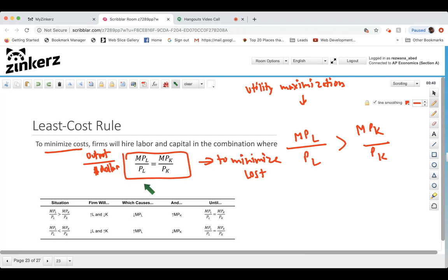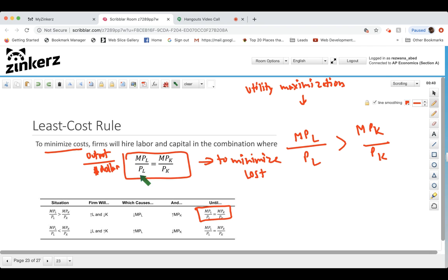So this causes the marginal product of labor to eventually go down. And then the marginal product of capital will go up as the marginal product of labor is going down. And this will keep happening until we reach a situation where these ratios are equal to each other. This is what we want to achieve.